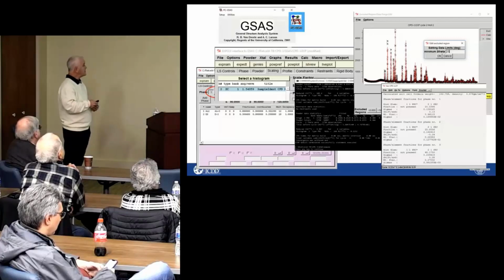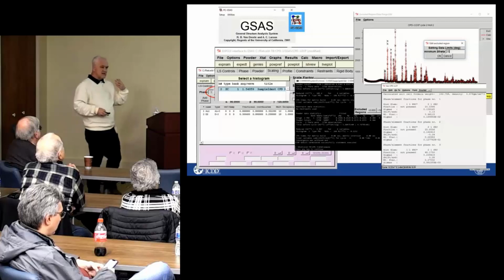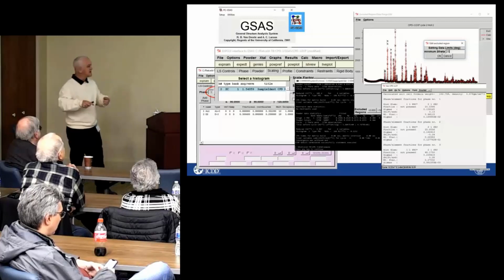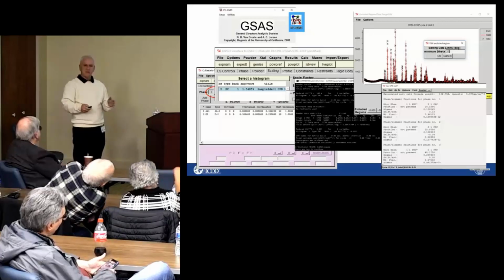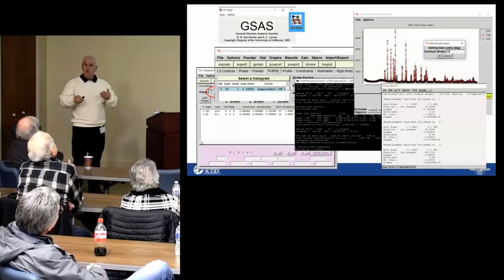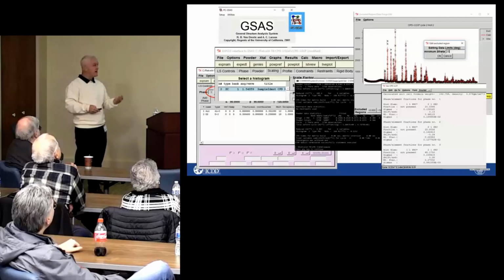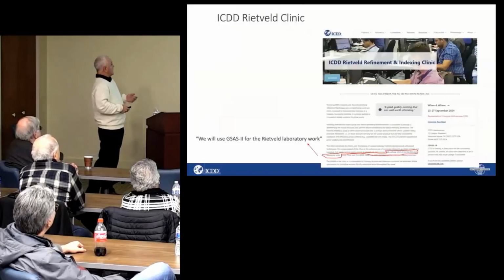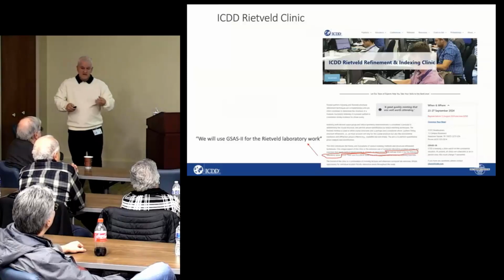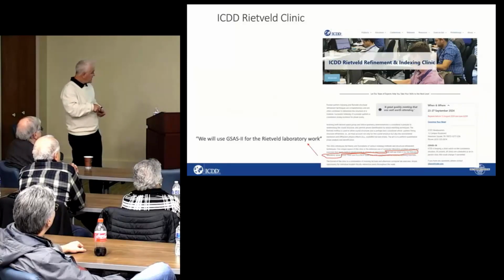And this is the Von Dreele Larson version. And we use this as the teaching tool because it allows you to get into some of the nitty-gritty about what are the effects of different parameters on your profile and your analysis and being able to do some kind of quantitation on materials.